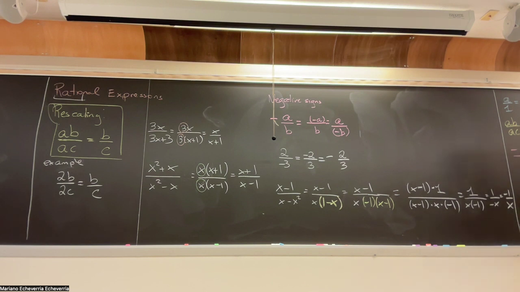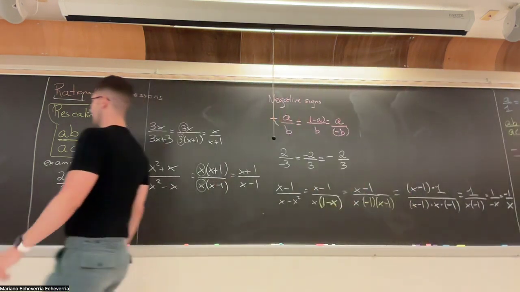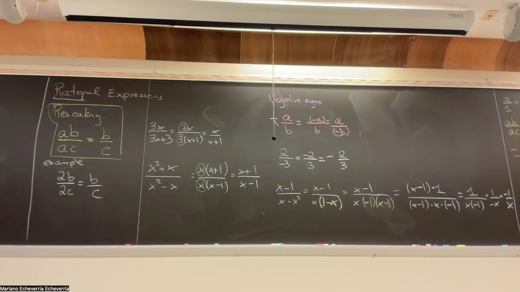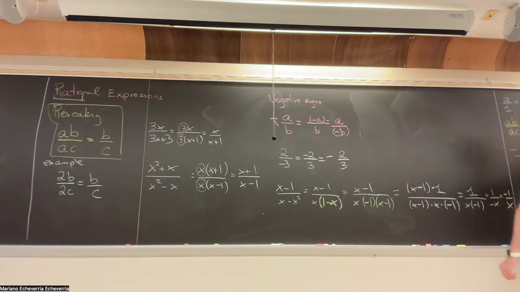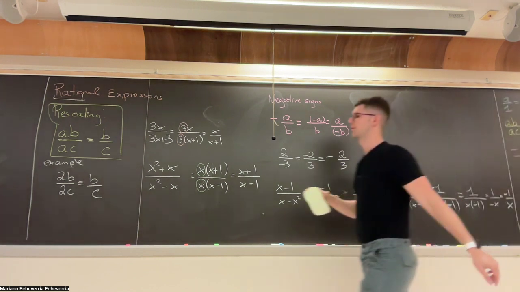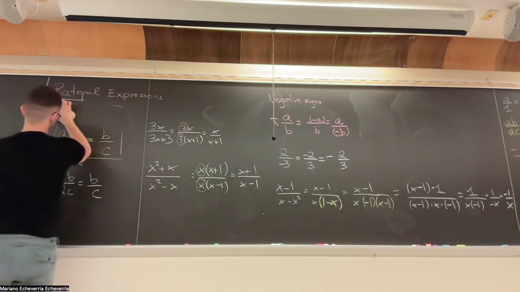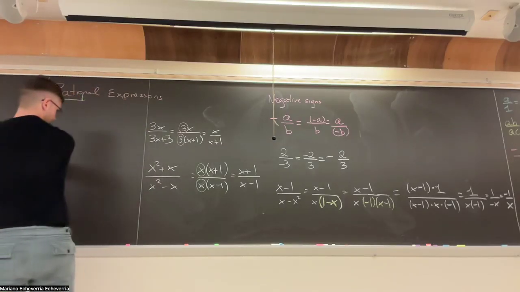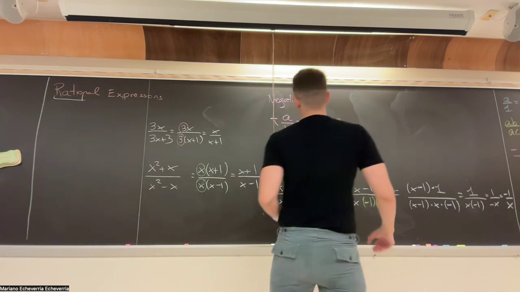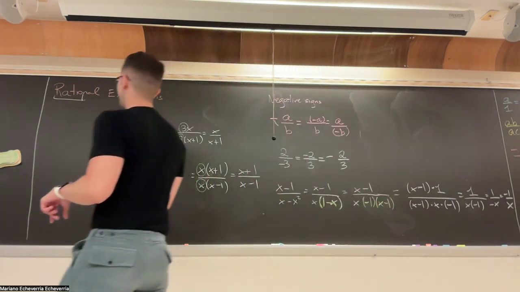Okay, so here's the last property that you need to know. Everything else will use those properties in some way or another. So the last one is the property for adding fractions.